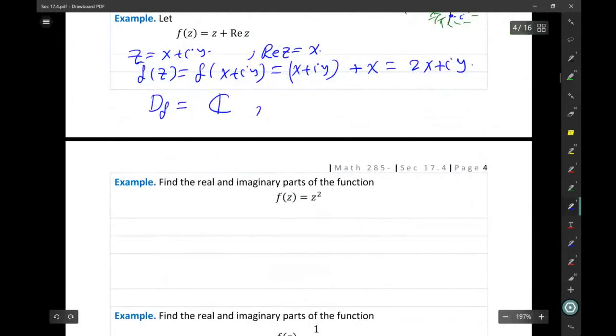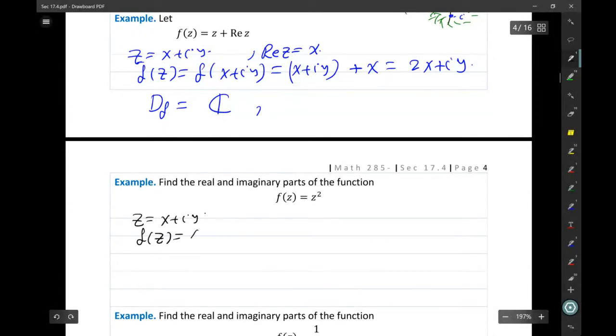Let's see the next example. It says find the real and imaginary parts of the function f of z is equal to z squared. What are the real and imaginary parts? First of all, we have to assume z to be x plus iy.